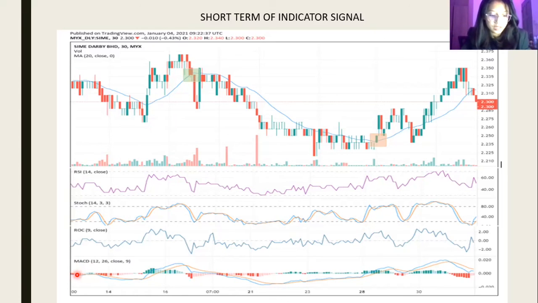The blue line represents the sell signal, while the orange line represents the signal line. It shows that the price is going down as the blue line is above the orange line. Next, the RSI. Here, RSI is fluctuating between 60% to 40% from 10th of December to 31st of December.